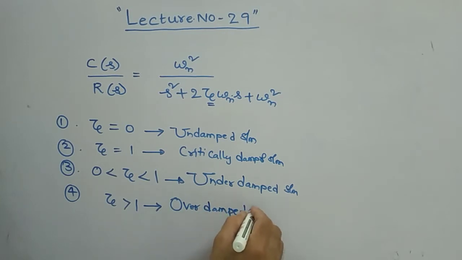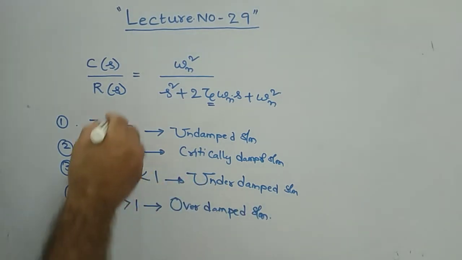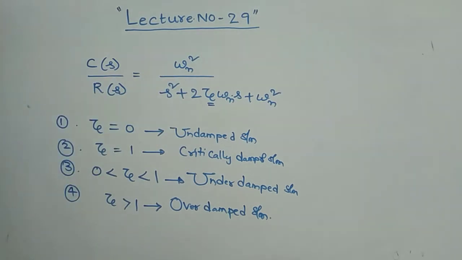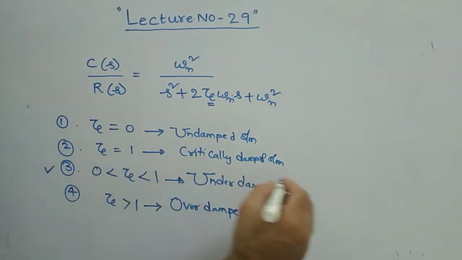So based on the zeta values, we have four types of classifications of our system. Out of all these conditions, as I explained in our previous presentation, the third case is very important.